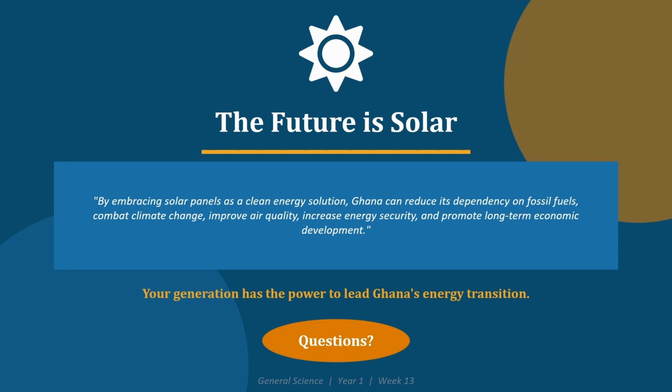We are encouraging the Ghanaian government to gradually transition from the use of fossil fuels to the use of solar panels for generating solar electricity. And you know why? We've spoken about this advantage over and over in this lesson.